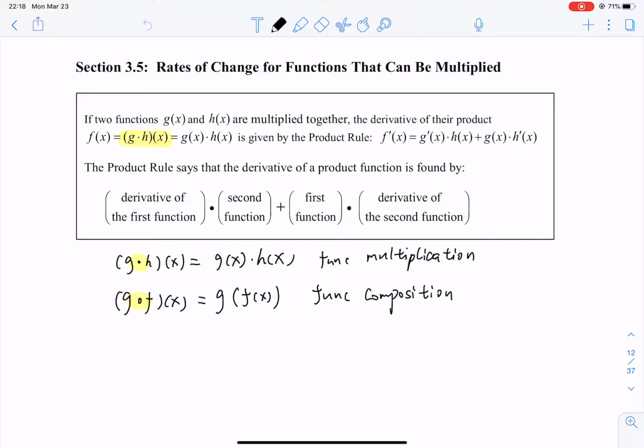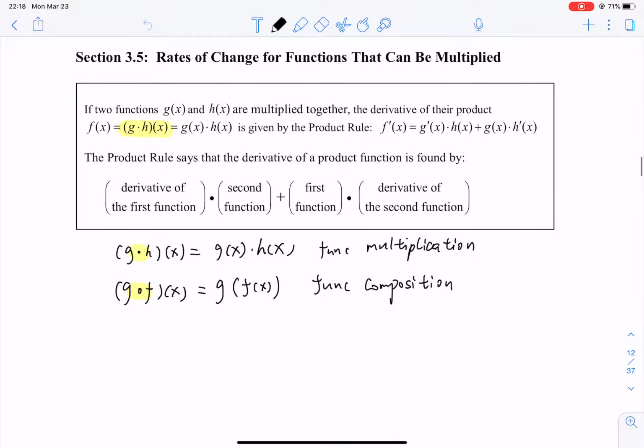So you can see the difference: one is only for composite functions, and the other is for function multiplication. So the question is, what is the derivative of f of x, the product of two functions, g of x times h of x?